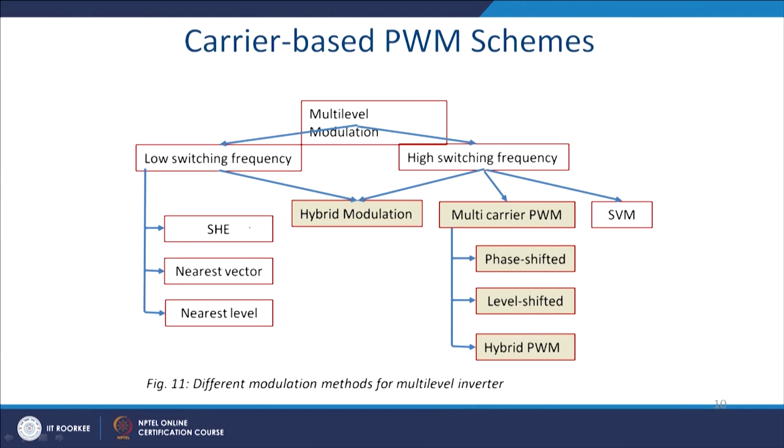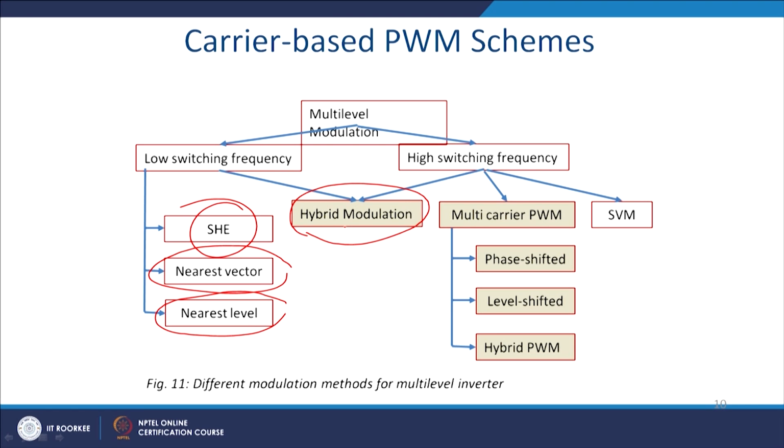So, if it is low voltage, low switching frequency, we can go for selective harmonic elimination, the same as what we discussed for the 2 level inverter, and it can go to the nearest level and the nearest vector. We can also combine both of them, as we shall see in our discussions, that is hybrid modulation, where we combine SHE and PWM.